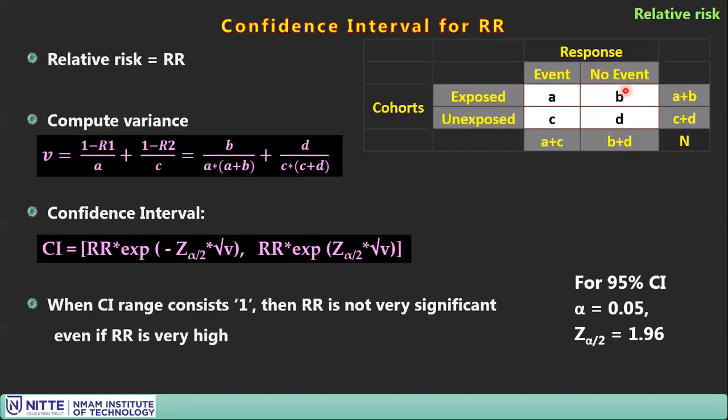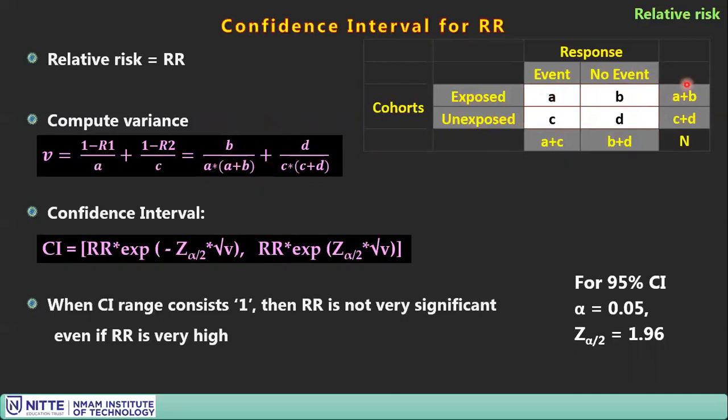So how do we analyze here? B divided by A into (A plus B). For the first term, if you observe, it is only for the exposed. The second term is only for the unexposed. For the exposed term, what do we write? B, where the event doesn't occur, goes to the numerator, and in the denominator you have the event frequency times the total frequency.